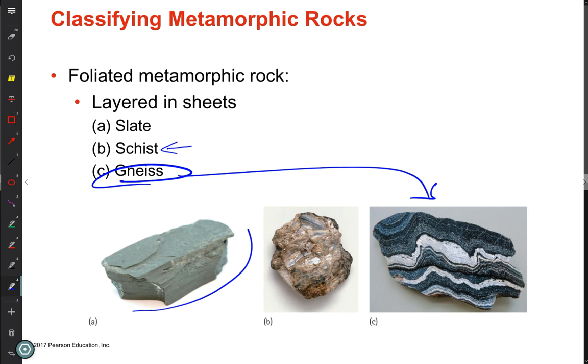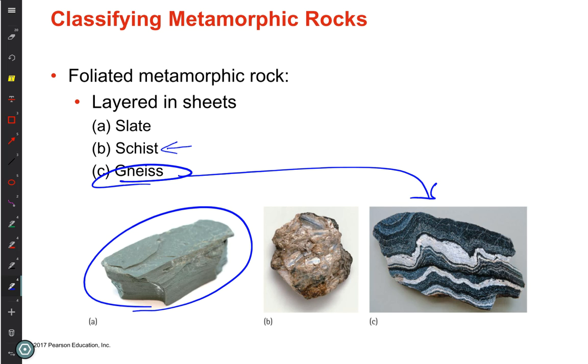Okay, so this is slate. What is slate good for? Chalkboards. It's good for chalkboards because it is a foliated metamorphic rock. The foliated has sheets, so you can make it nice and flat pretty easily because you just split it on one of those sheets, just cleaving it. It's also used, by the way, for slate shingles.